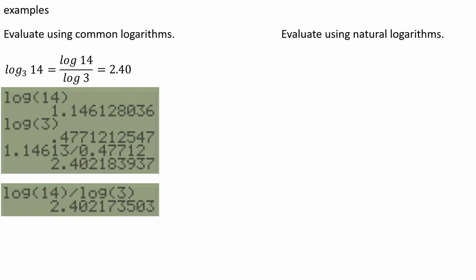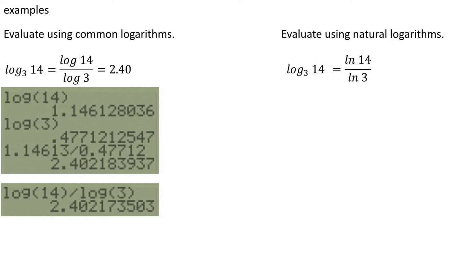Now, let's do an example instead using natural logarithms. Let's use log base 3 of 14, right? My calculator won't do log base 3, but it will do log base e. Of course, I don't write log base e. I put ln for natural log.